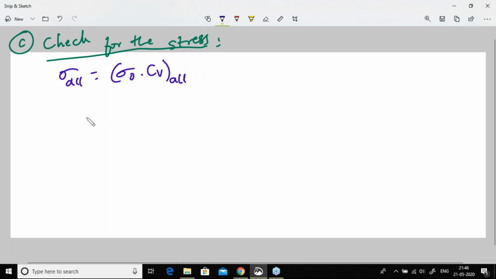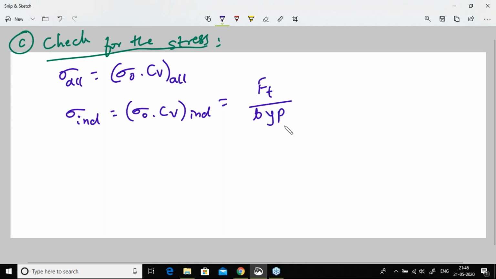Similarly, sigma induced we have to calculate. That is sigma induced equals Ft divided by B into Y into P. We have to use this equation to find out sigma induced.